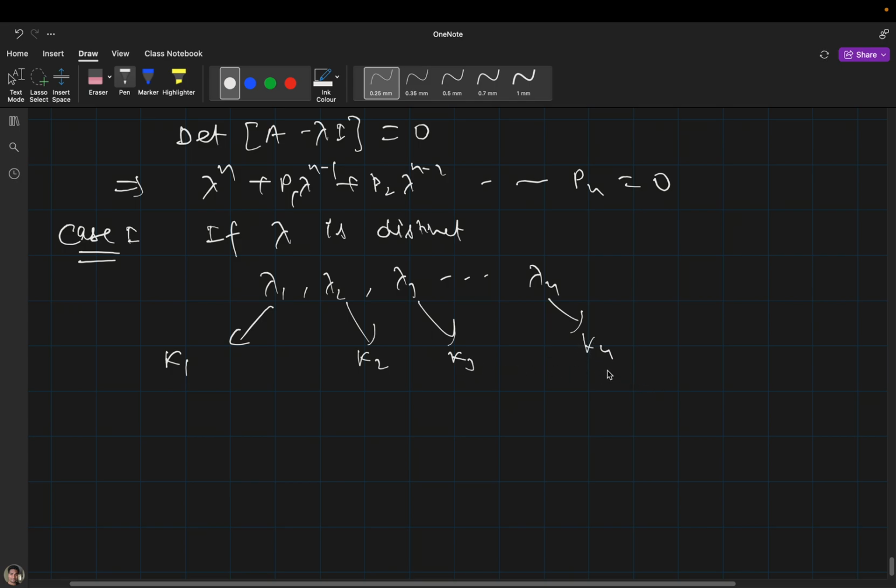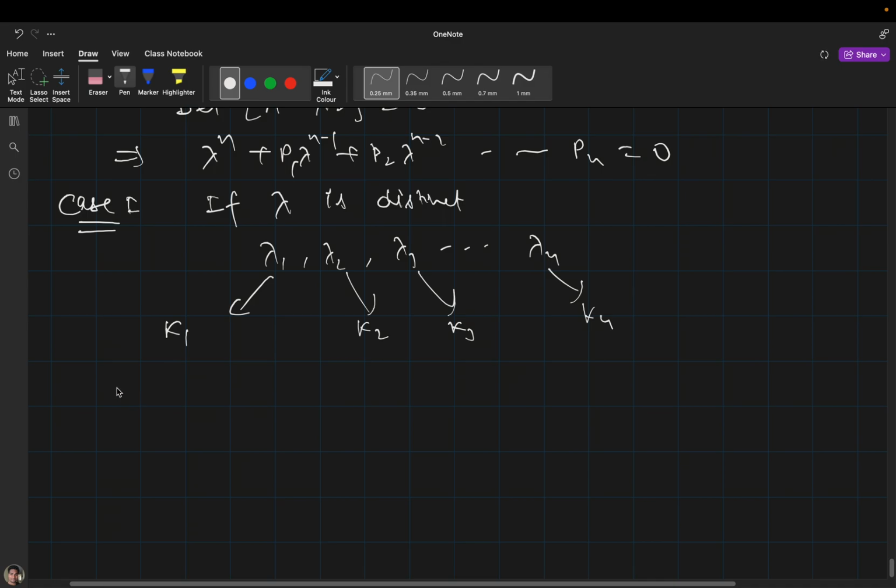If you get it, then the solution will be something like this: c1 k1 e raised to the power lambda 1t plus c2 k2 e raised to the power lambda 2t plus and so on, cn kn e raised to the power lambda nt.